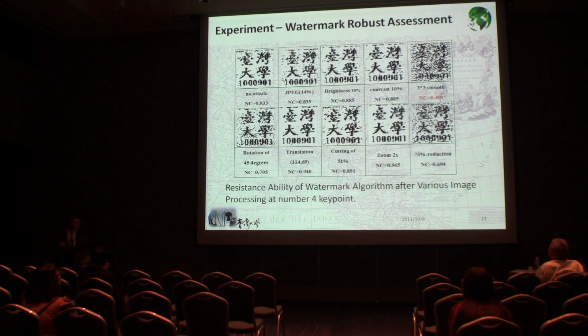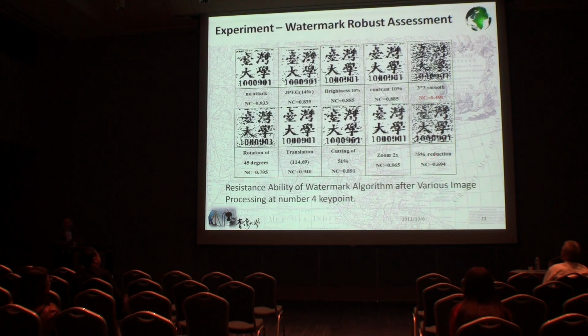The issue of this paper is to find an algorithm to resist some image processing, such as compression, brightness adjustment, contrast adjustment, smoothing, rotation, translation, cutting of 50%, and scaling, and 75% reductions.